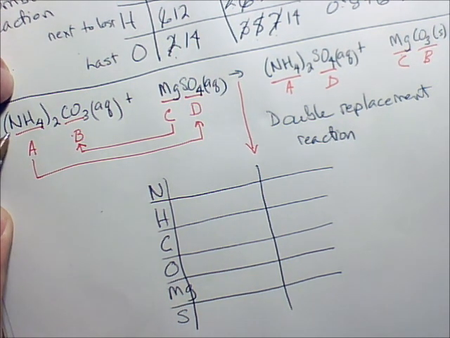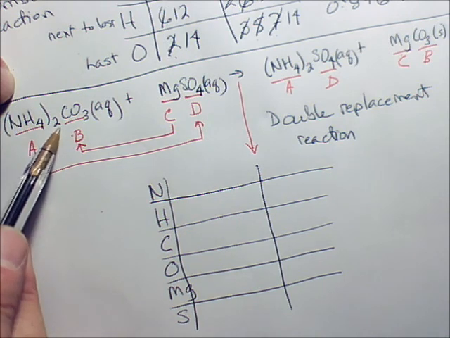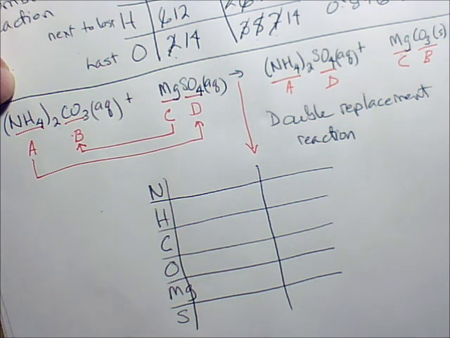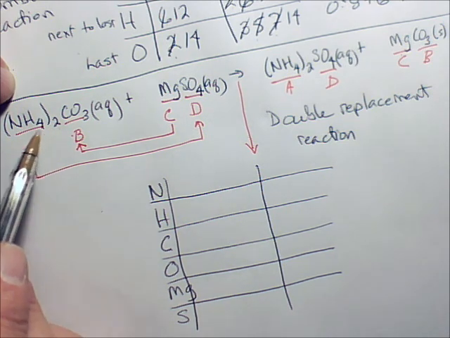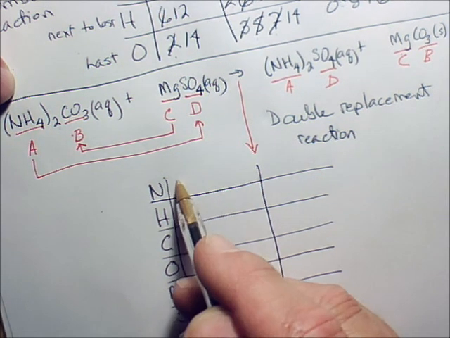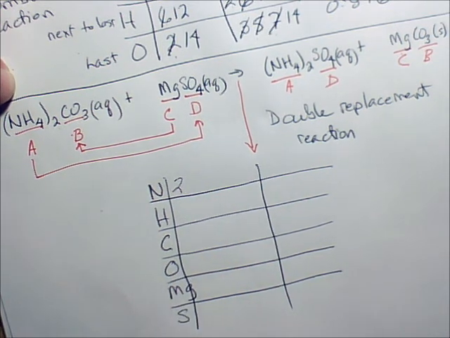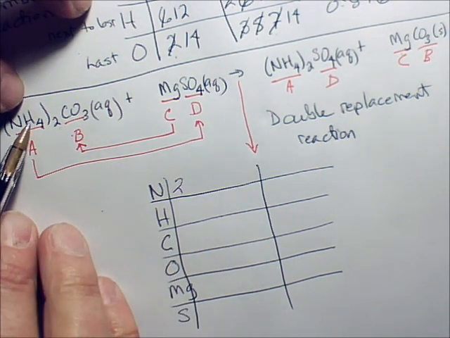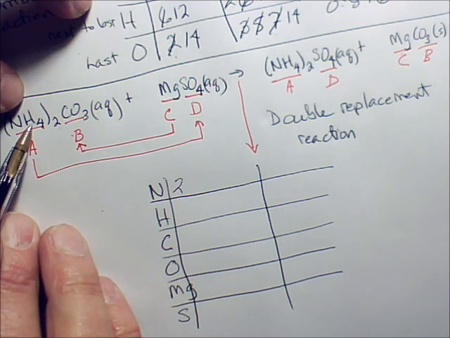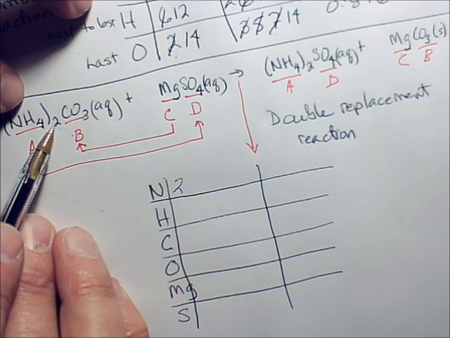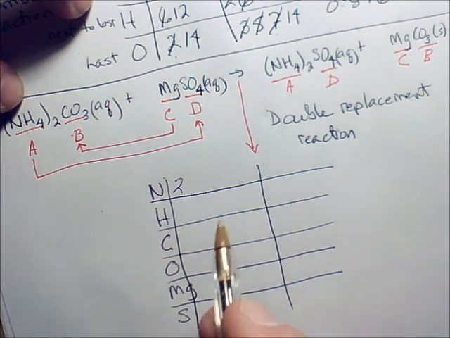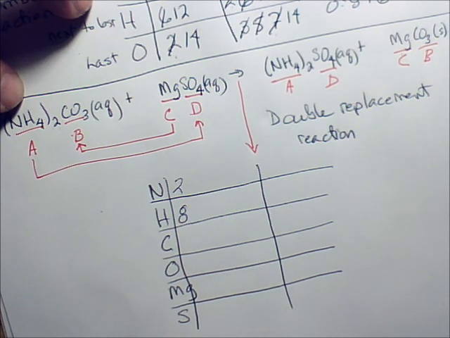I have an N here, and I don't have a coefficient after it, so that's one N, but it's inside parentheses with a 2 outside. The 2 outside is multiplying everything inside by 2. So that's 2 times the 1 nitrogen. I have 2 nitrogens. By the same process, this 4 applies to the hydrogen, meaning I have 4 hydrogens, and the 2 outside means I'm multiplying everything inside, including the 4 hydrogens, so I need 8 hydrogens here.